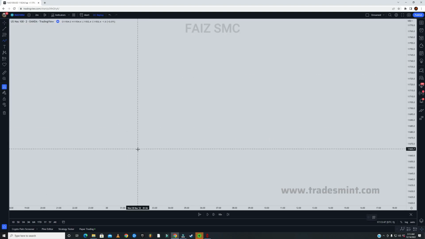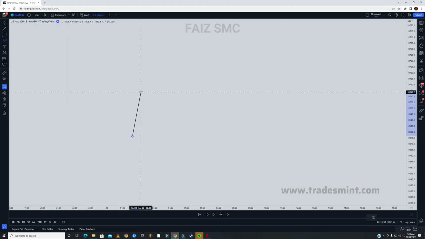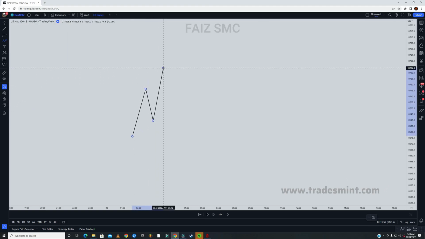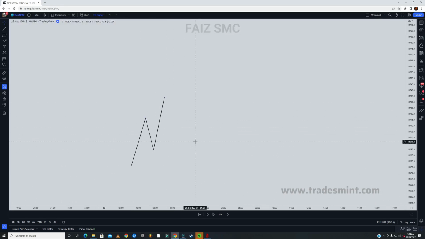Let's suppose that on a higher time frame, like the 4-hour or 1-hour time frame, price direction is bullish, so price is continuously making higher high, higher low, higher high.